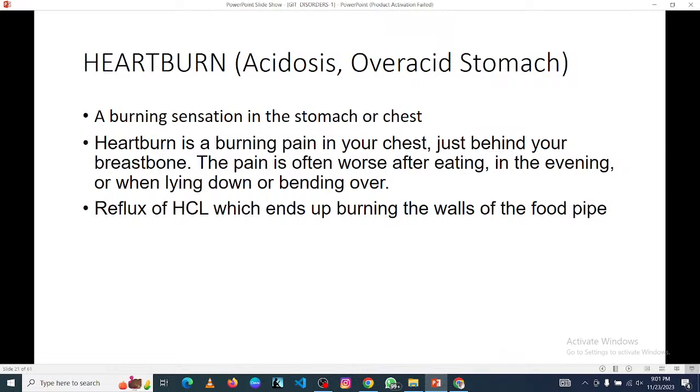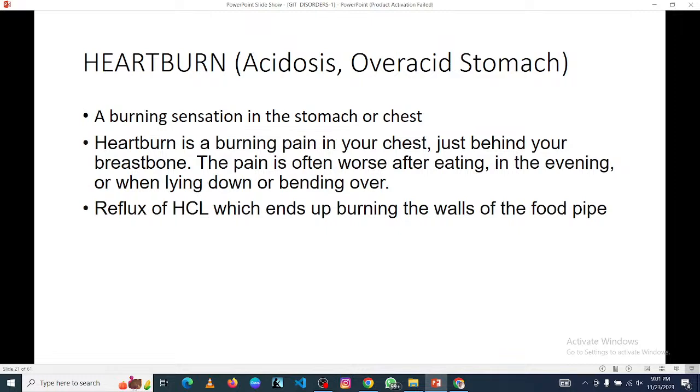Heartburn, or acidosis, is an acidic condition where acid in the stomach refluxes, and at times you can mistake it for a heart attack.